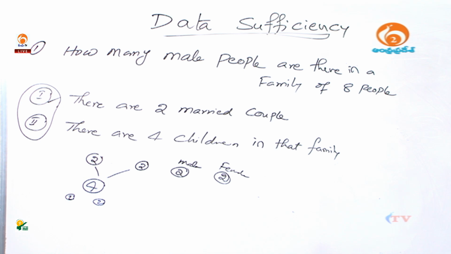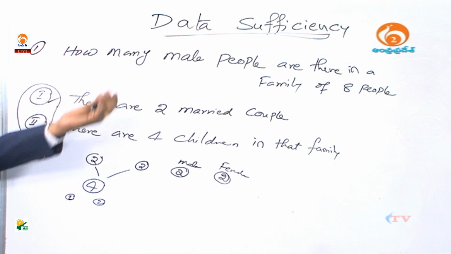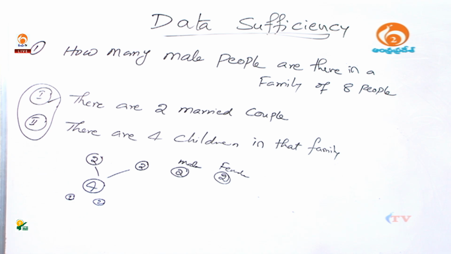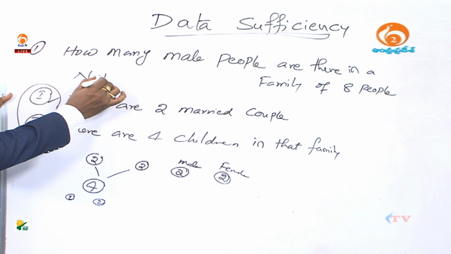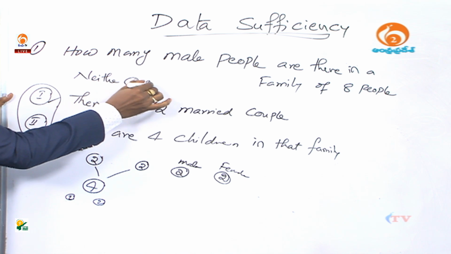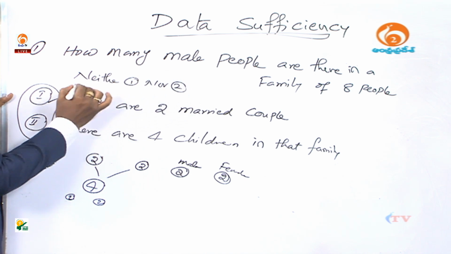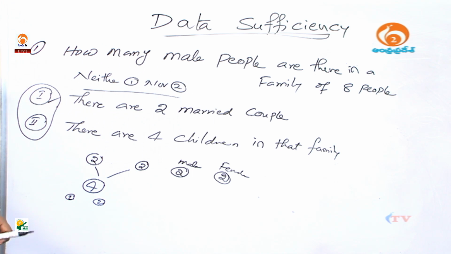So we can't conclude whether there are 4, 5, 6 or 7 male people. At this time also the answer is neither 1 nor 2.